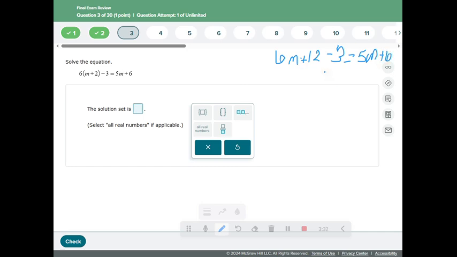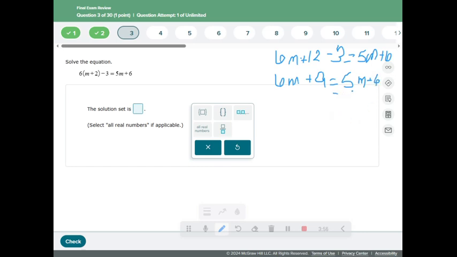So if we combine our like terms, we'll have 6m plus 9 equals 5m plus 6.